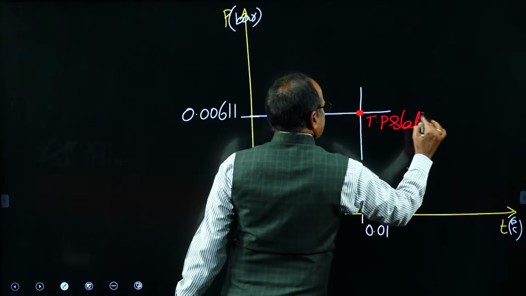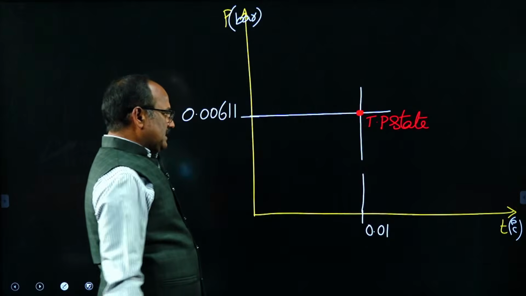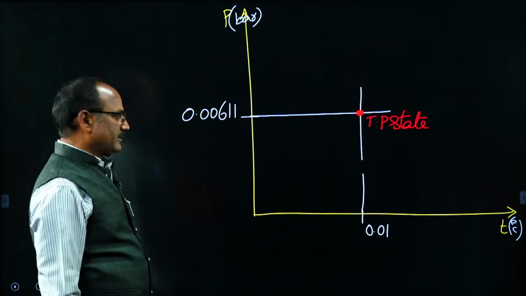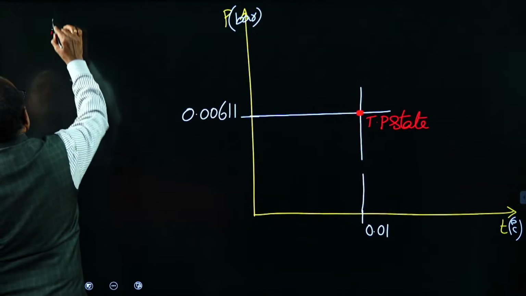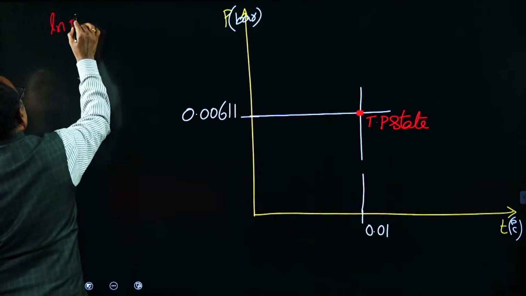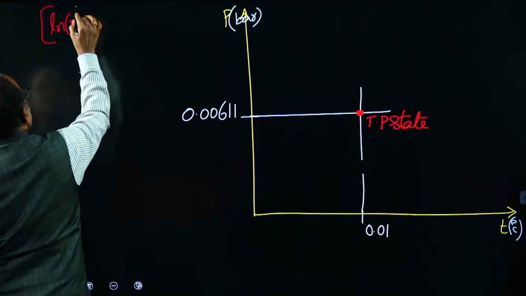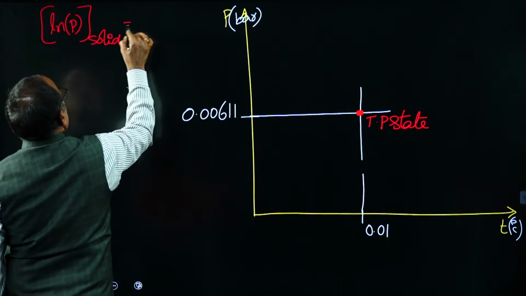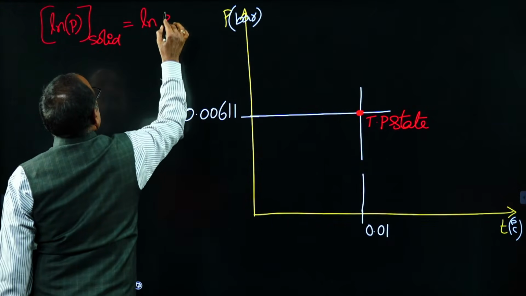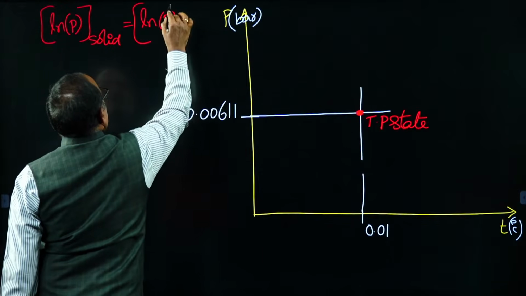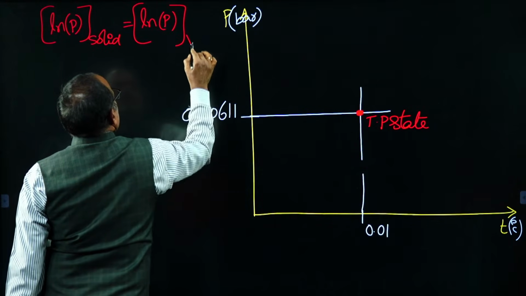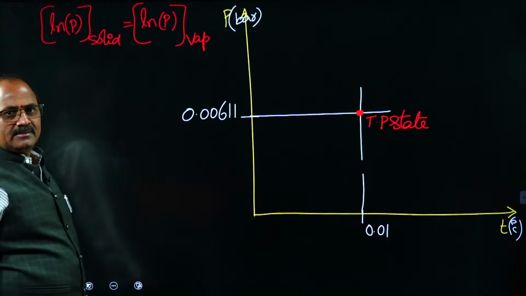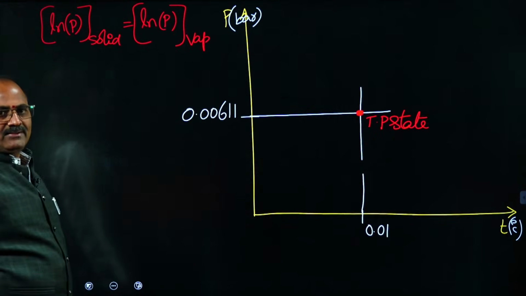At the triple point state, the liquid phase, vapor phase and solid phase maintain the same pressure. That means the conclusion is ln P for solid phase must be equal to ln P for the vapor phase, must be equal to ln P for liquid state.